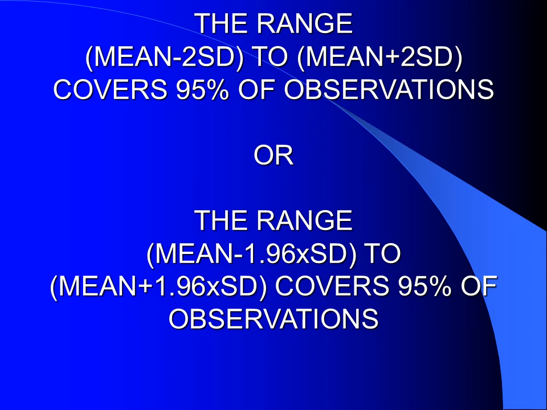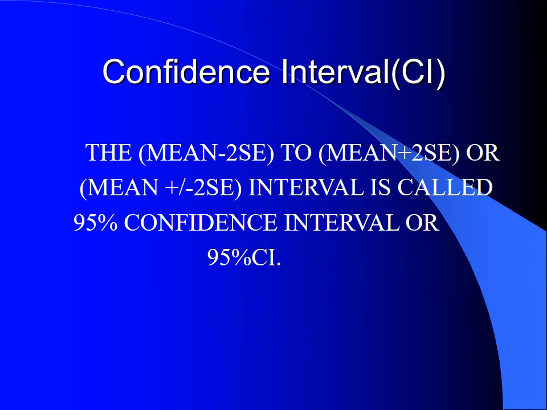This is what the normal property states, that mean minus 2SD to mean plus 2SD covers 95% of observations, or the range mean minus 1.96 times SD. Both are the same, 2 or 1.96. So the property of the normal distribution, we are using it in the confidence interval.